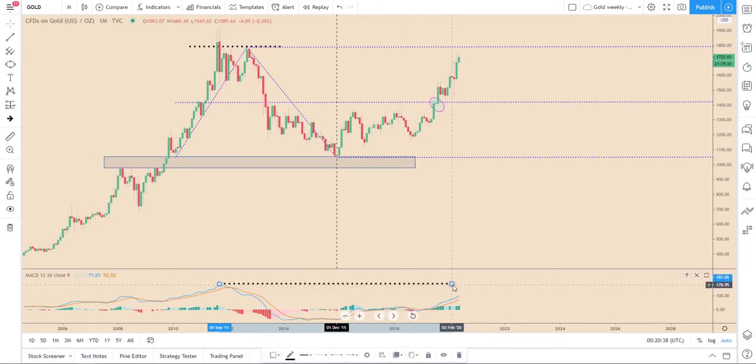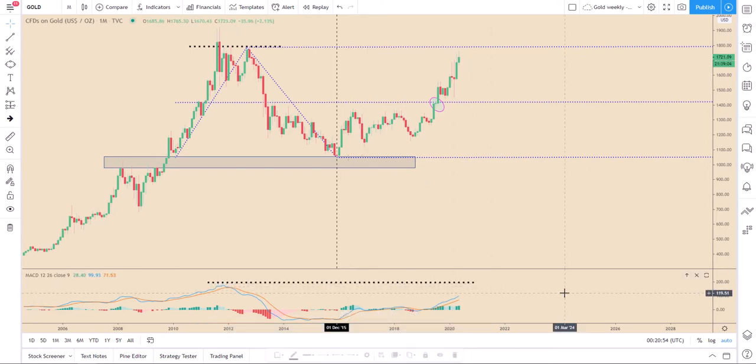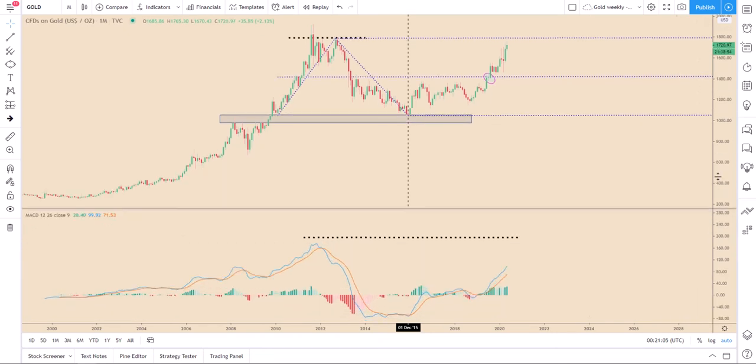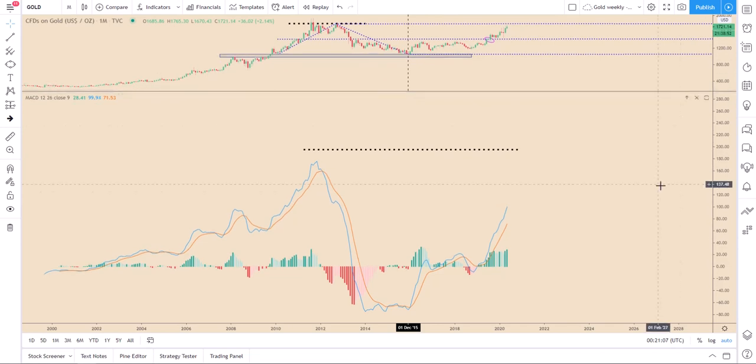So MACD is not a bounded indicator, so it can go beyond 100, it can go below negative 100. There are no bounds on MACD, but typically what we find is that previous highs and lows in MACD tend to act as support and resistance levels.